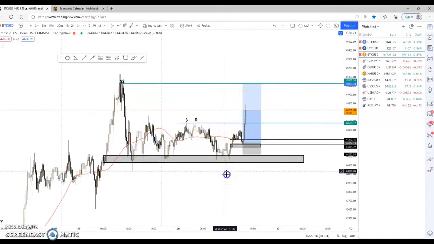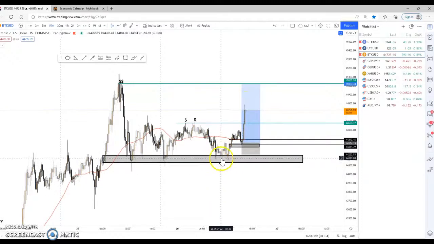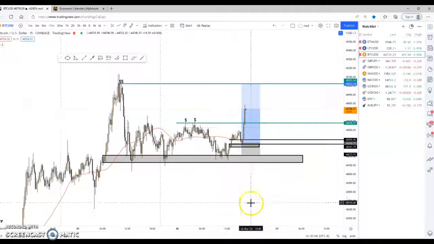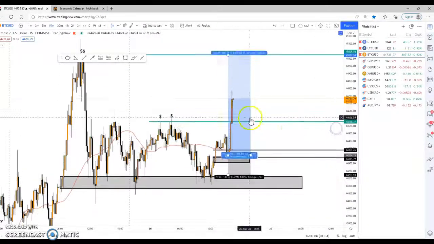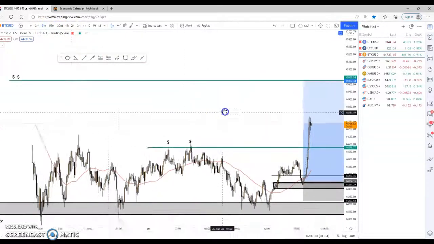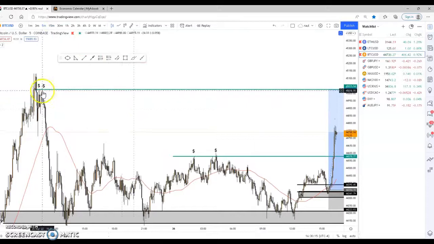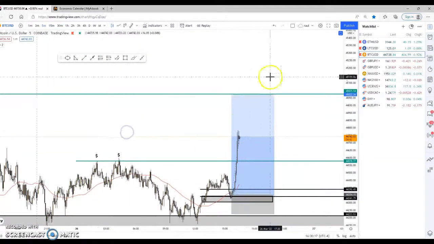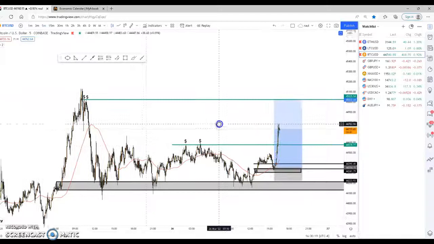I guess you can consider this the double bottom, and then this takes out the double bottom liquidity to go up. However you want to look at it, this is probably going to take out this liquidity sitting up here. You see the double top right there; it wasn't taken out, so we should take that out.